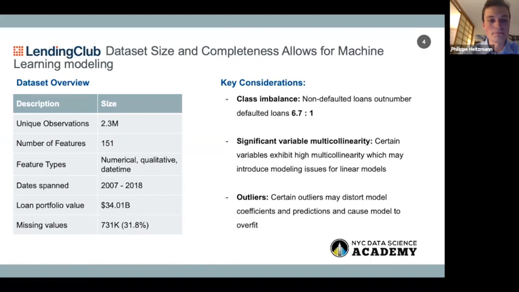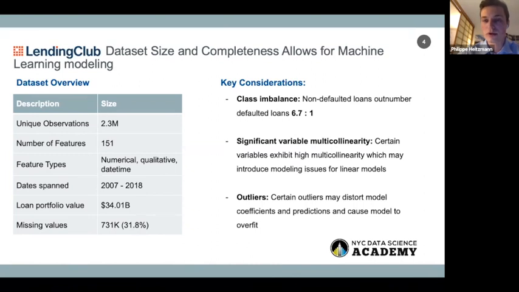Some of the key considerations of the data set: as this is a classification machine learning problem, and because, of course, more people repay their loans than those that don't, there's a class imbalance where there are more examples in the data set of loans that are not defaulted than those that have defaulted.